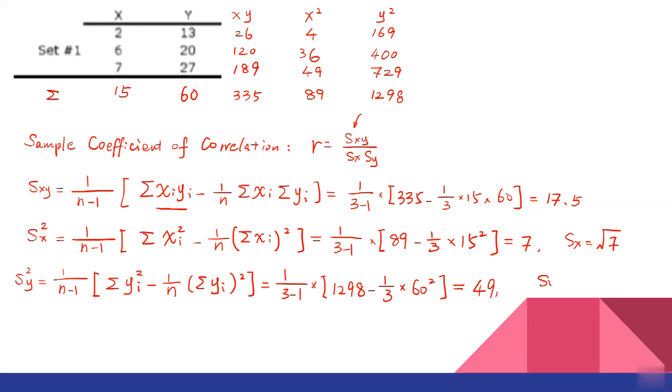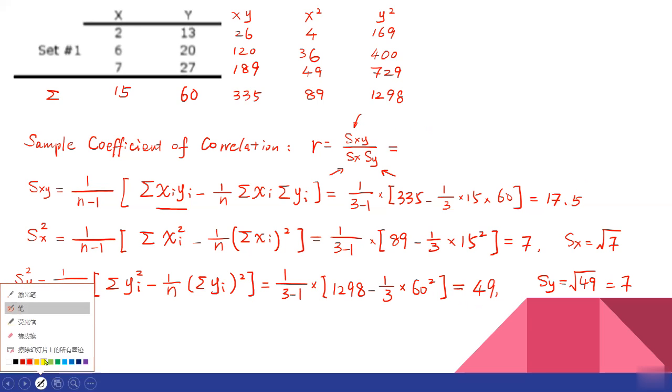Okay, so Sy is the square root of 49, which is 7, right? Now we have Sxy, Sx, and Sy. Then we can put all these values here. Let's use another color.